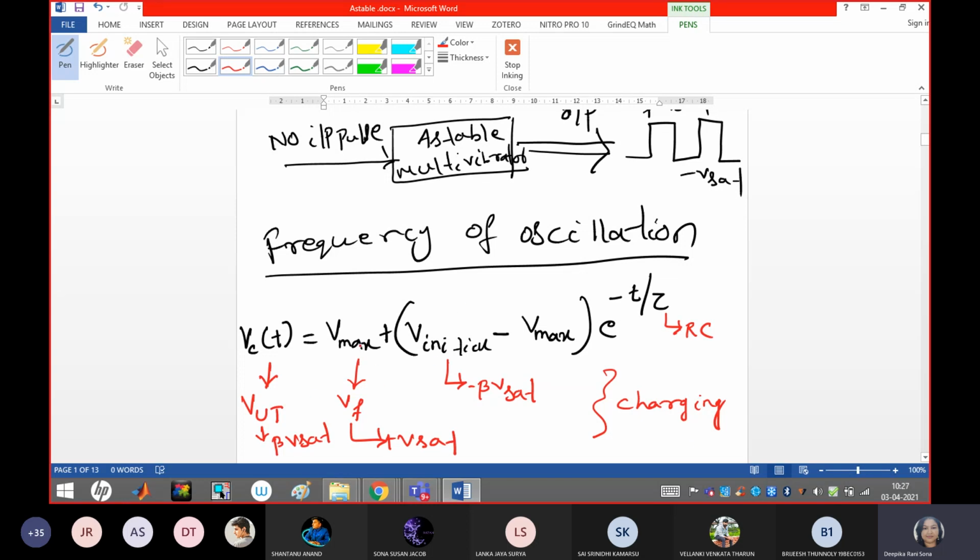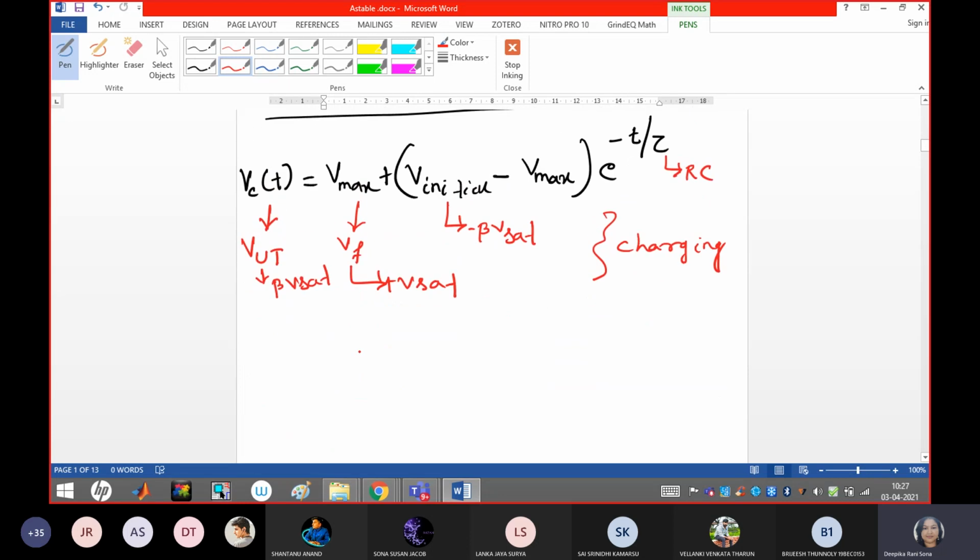If you derive the voltage for the discharging case, this thing may reverse. Then let's solve this part by putting the values into the equation format. Initial voltage is nothing but the voltage where we are taking the beta voltage and the negative saturation voltage, while Vmax is the voltage towards which the capacitor is charging.